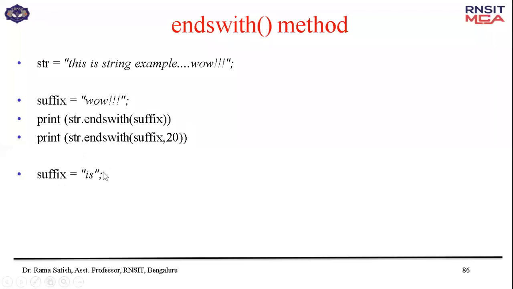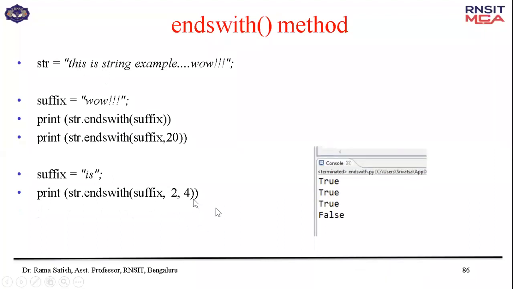Next, I will change suffix to "is", and I check whether the suffix is present between 2 and 4. So 0, 1, 2, it starts from i, yes, 2, 3, and 4 is a space. And it ends with this, so it is also giving true. And 2 to 6, yes, 2, 4, 5, 6. Here also it is giving true. So for the first one, ends with wow, yes, it is correct.